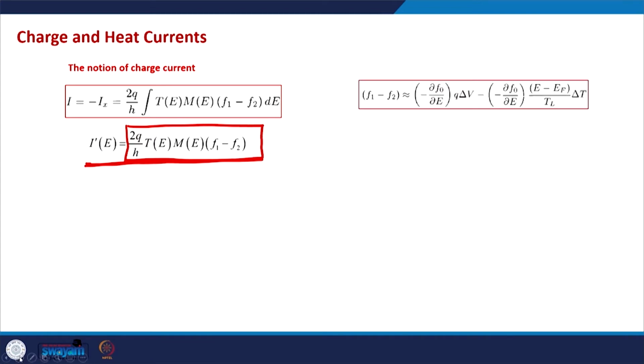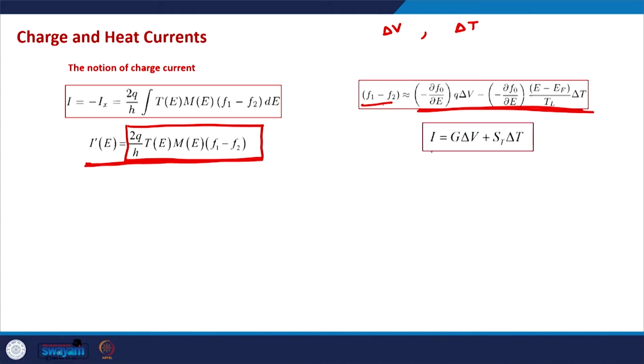So, as we have seen, F1 minus F2 changes when there is a gradient in voltage as well as in temperature. So, if across a conductor we have delta V as well as delta T, in that case F1 minus F2 is given by these two terms, and if we put these two terms here, then the charge current becomes like this.